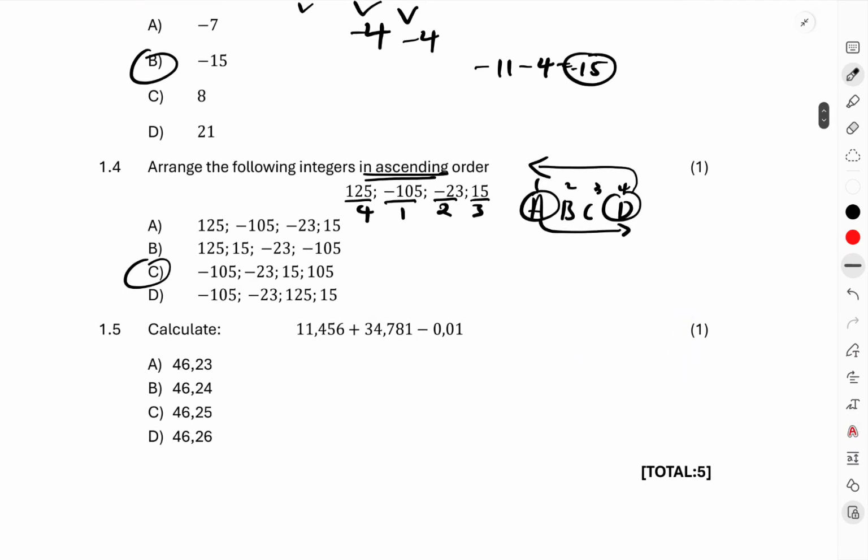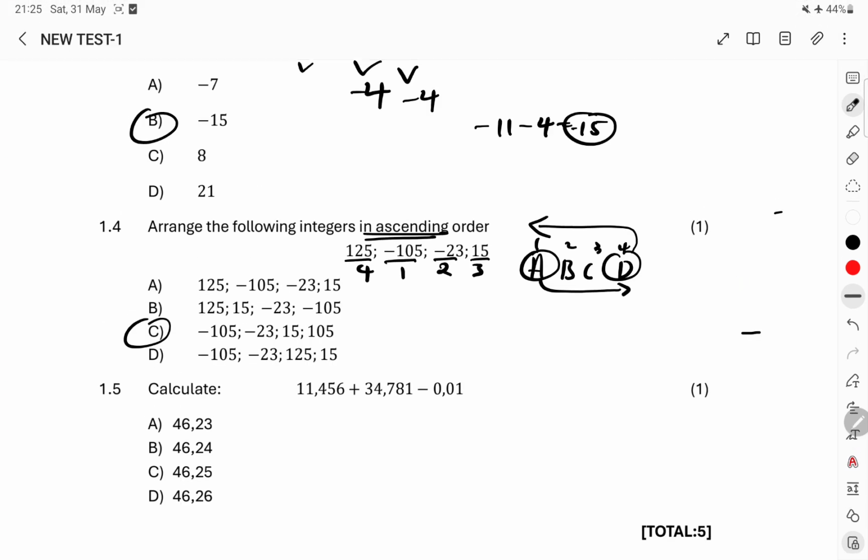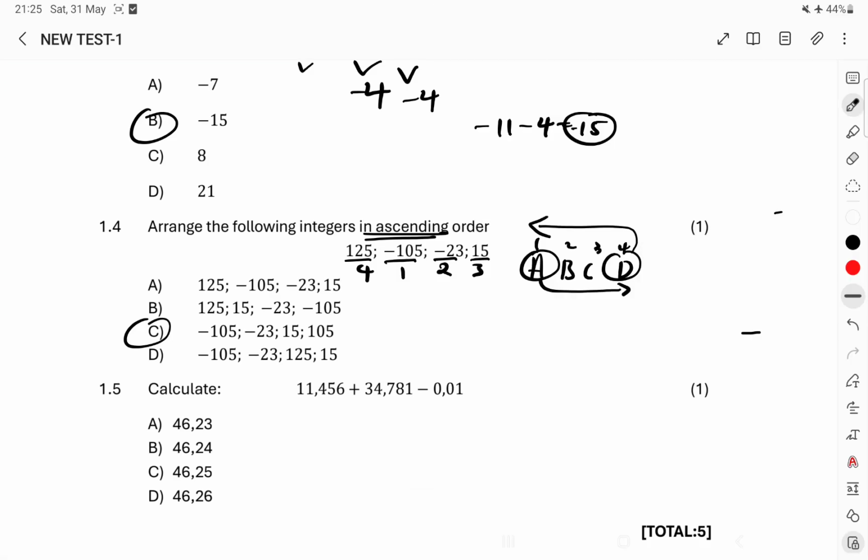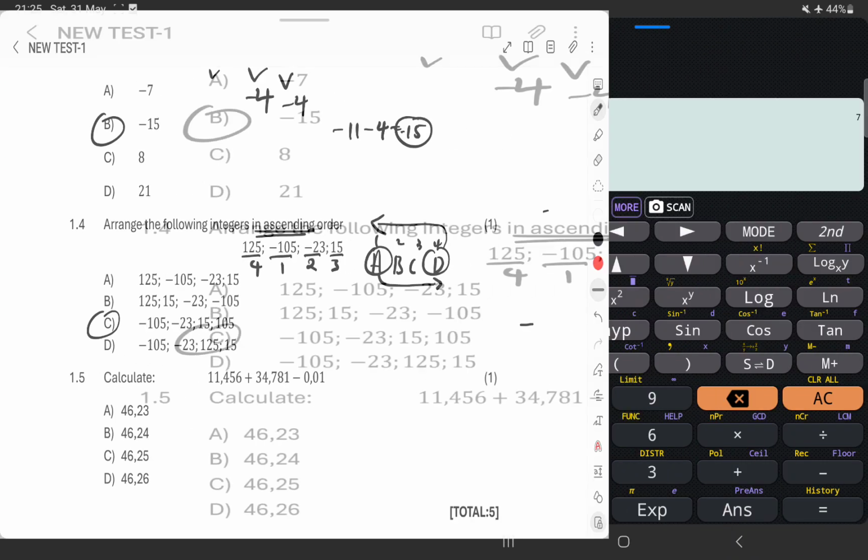Let us go to calculate. We have 11,456 plus 34, so this one we can use a calculator. We are going to use a calculator to find the correct value. How can I do that?